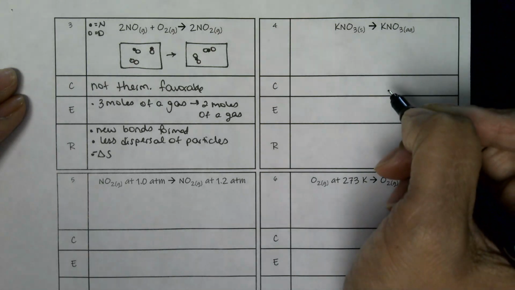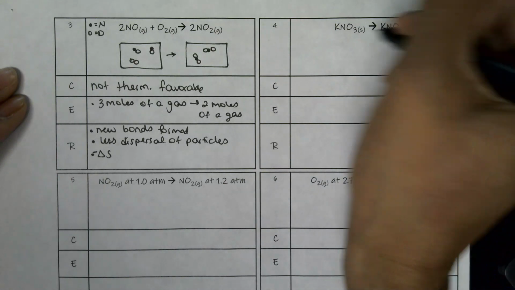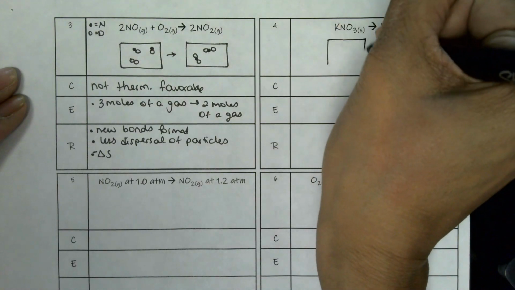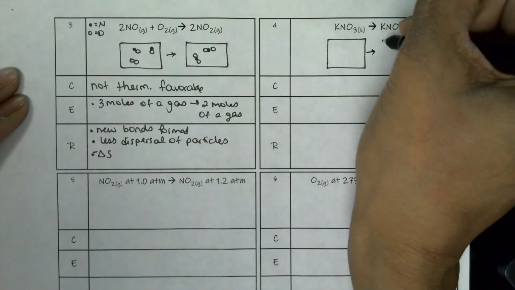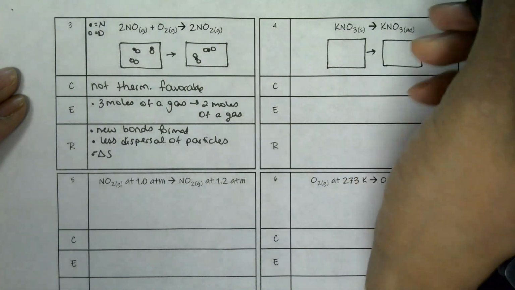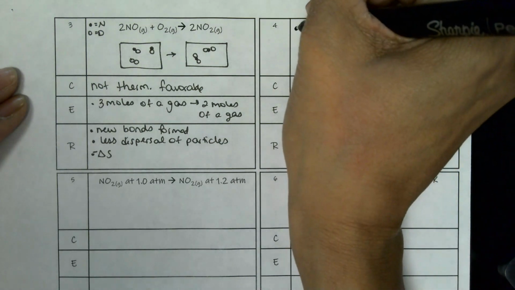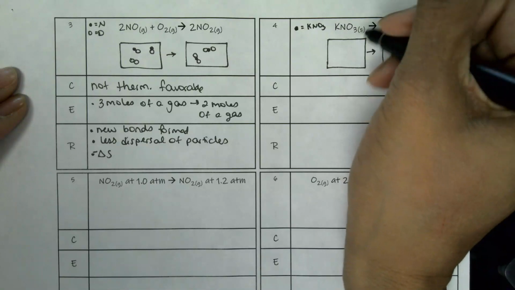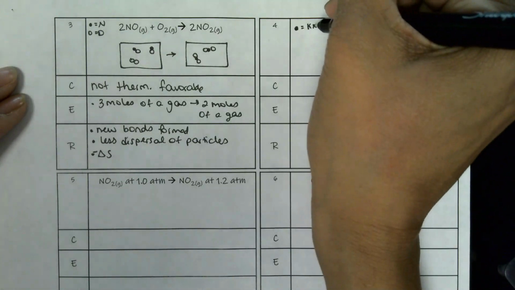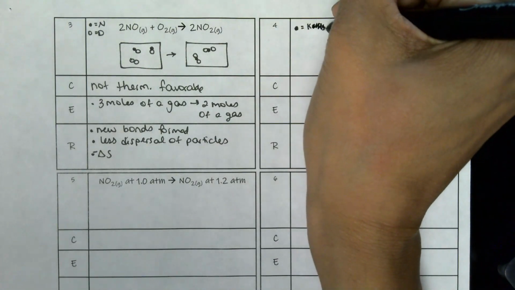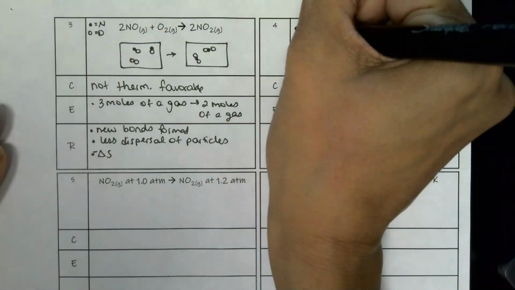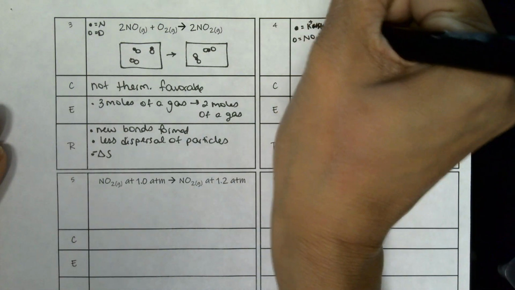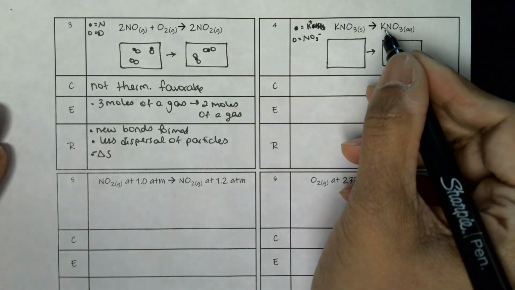Right. For our KNO3 solid versus aqueous. So if we do this as our KNO3, we can show, oh, actually, no. This is an ion that's going to separate out, meaning that both K and NO3 are soluble.